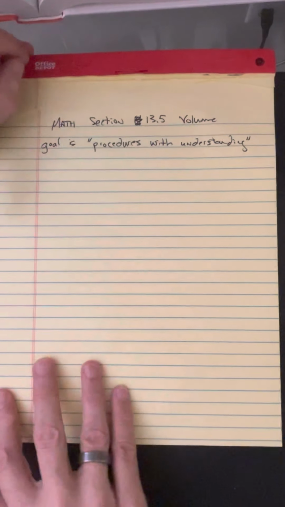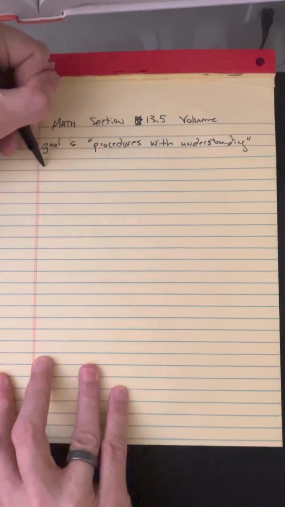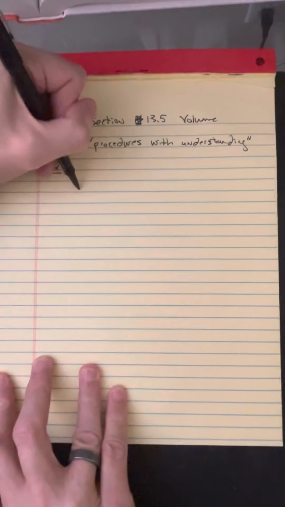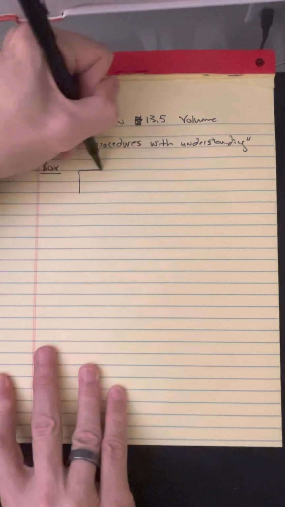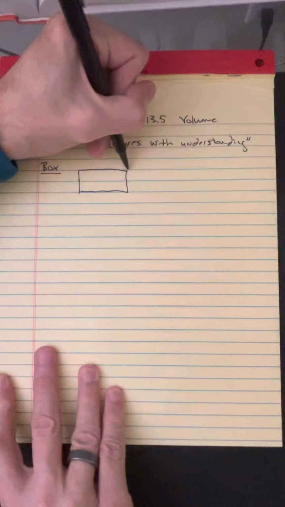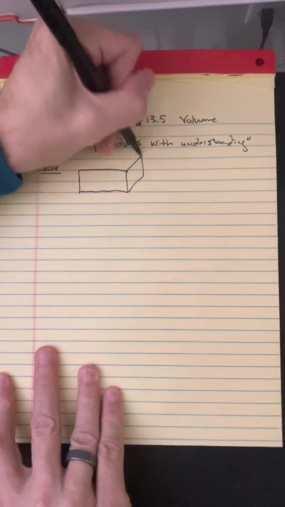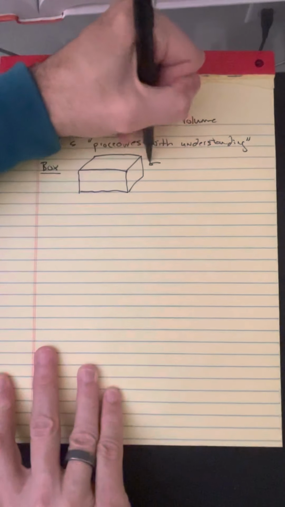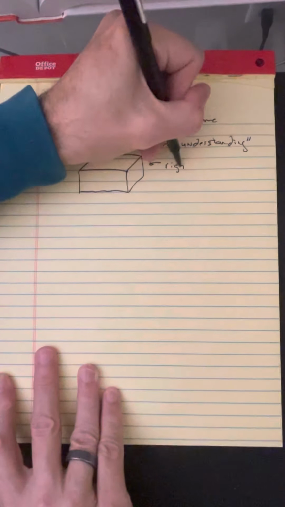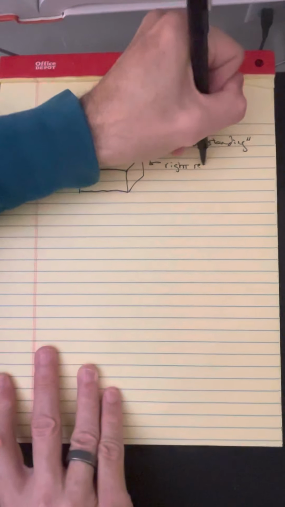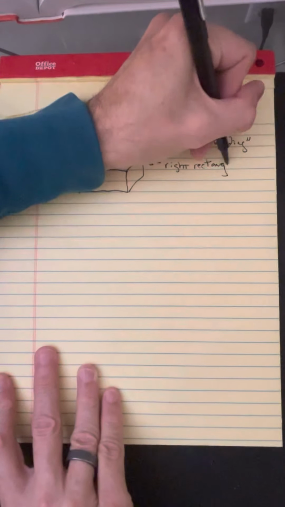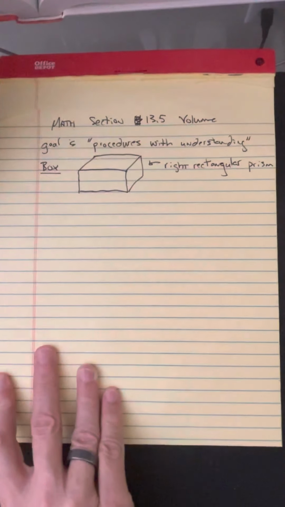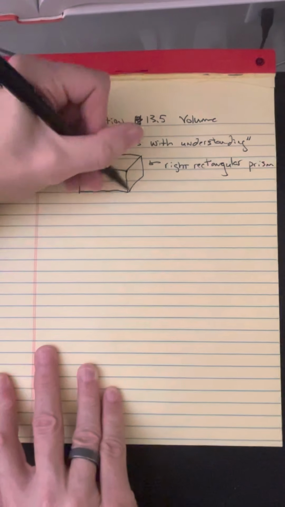Okay, and let's start with the most basic one that we all know pretty well, a box. So we know, most of us remember pretty easily and learn pretty well that if you have a box, which is a right rectangular prism, you need to know the three dimensions.